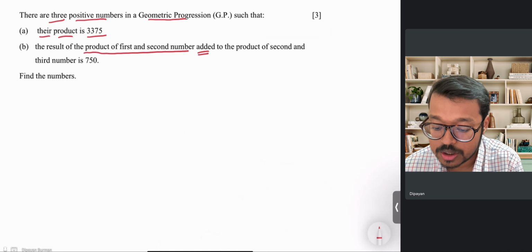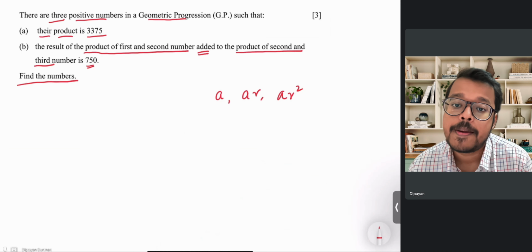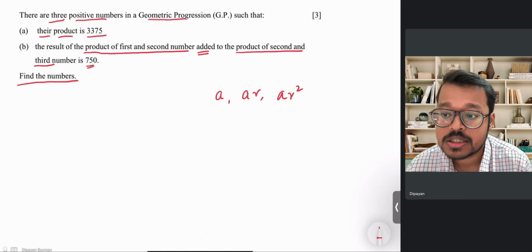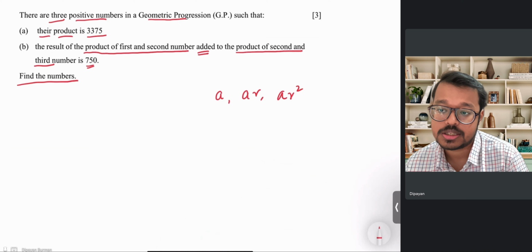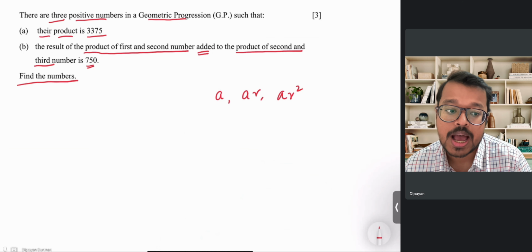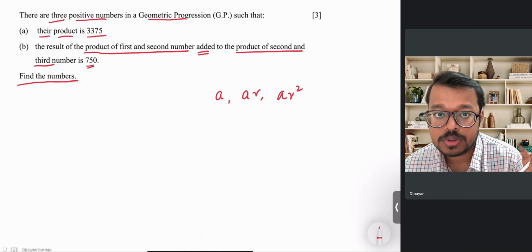Now if I assume the first term as A, then the second term will be AR and the third term will be AR square. These are three terms in GP, but since they have given us that the product is some number, I can assume the three numbers in a slightly different way.